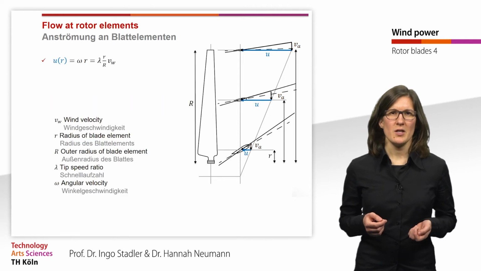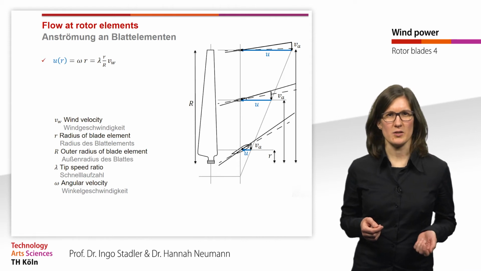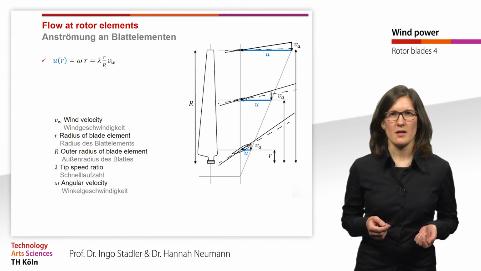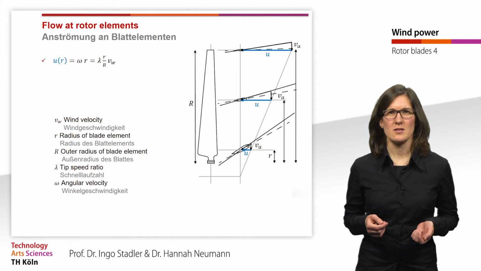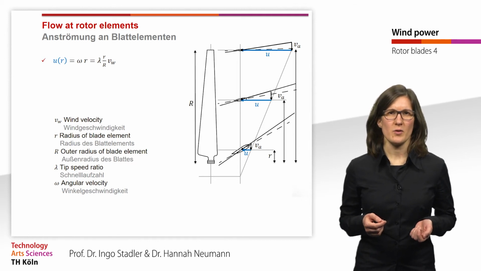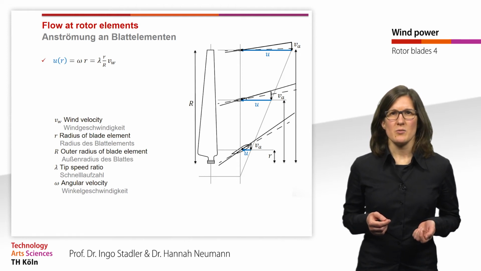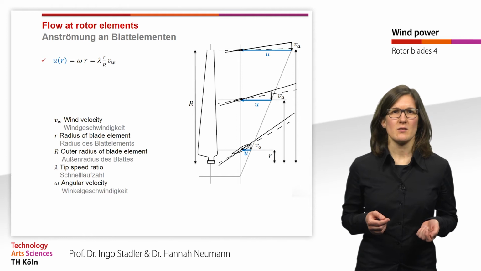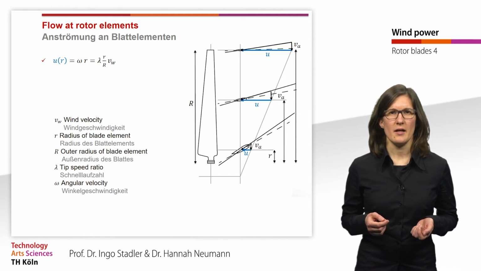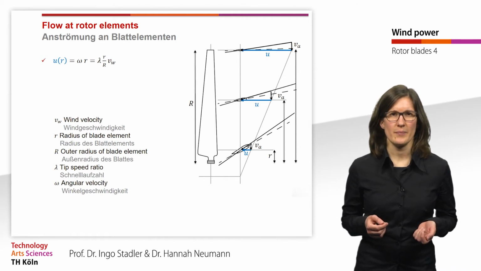The blue arrow shows the circumferential velocity U at three positions. This velocity is calculated by the angular velocity omega multiplied with the radius r of the corresponding blade element, respectively by the tip speed ratio multiplied with the radius r of the blade element and divided by the total rotor radius and multiplied with the wind velocity.